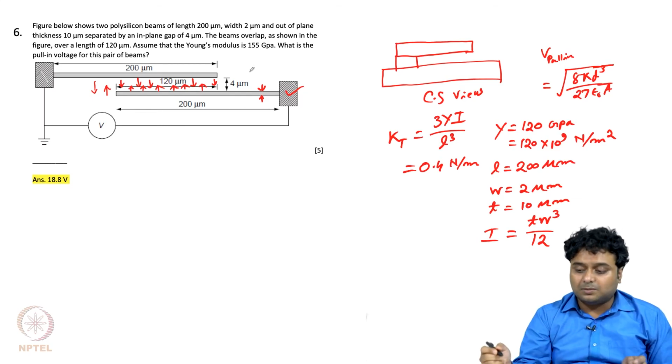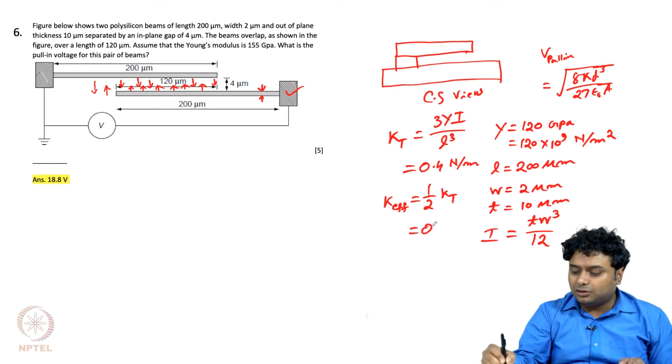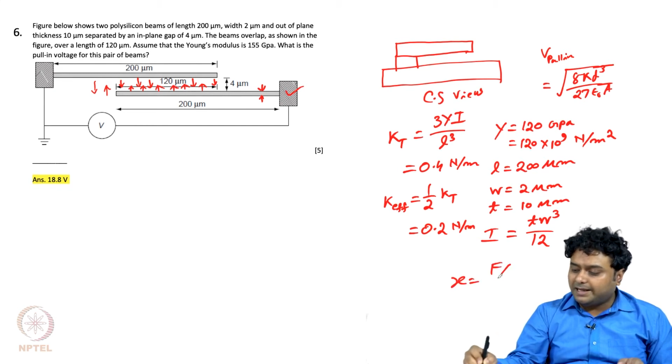And how is that possible? That is possible if we consider the effective stiffness K effective to be half. So that is equal to 0.2 Newton per meter. So x equals F by k, right.